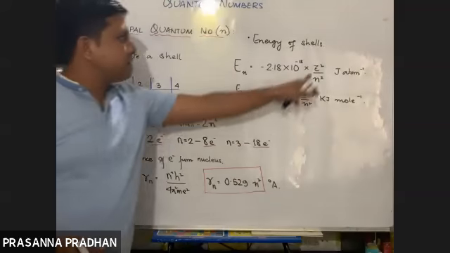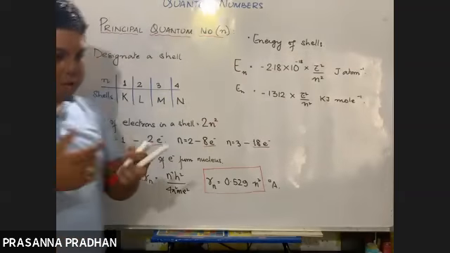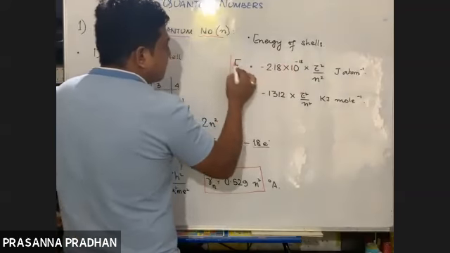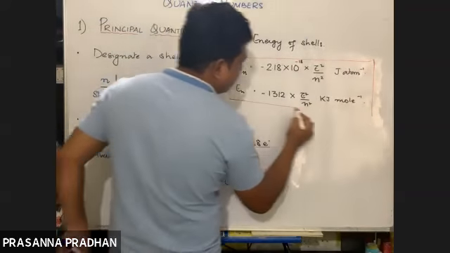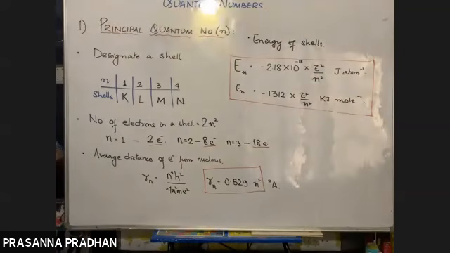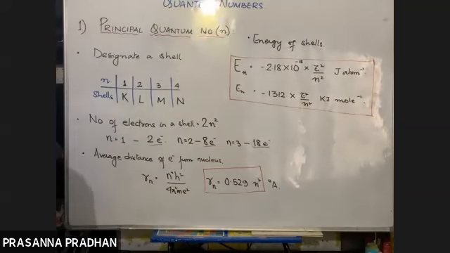For hydrogen atom, Z equals 1. n again designates the shell. If you're asked to calculate the energy of an electron present in the second shell, simply put n equals 2. If you're asked to calculate the energy of the electron in the fifth shell, simply put n equals 5.